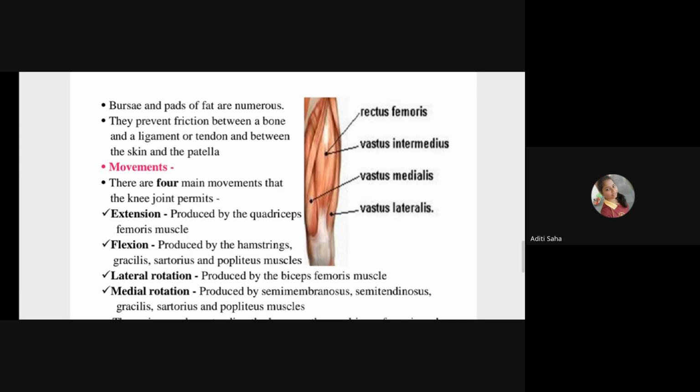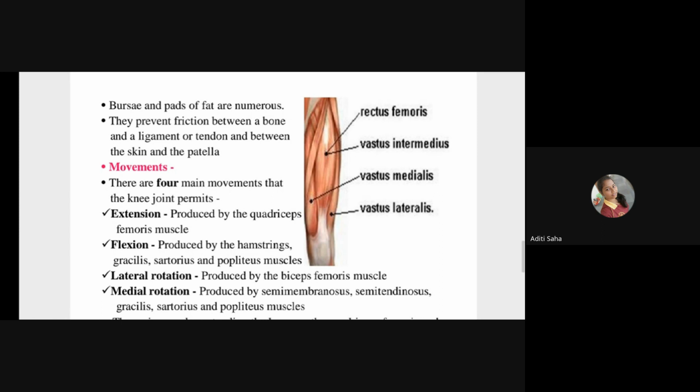So what is that fluid? Generally, they are made up of fats. They release fat, and that is why the friction is reduced between bones, tendons, ligaments. Okay, so this is the role of bursae. Got it?